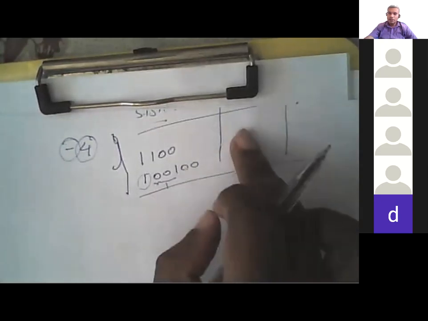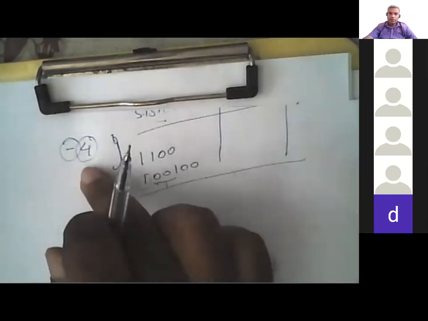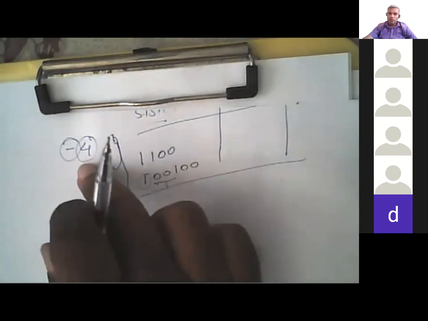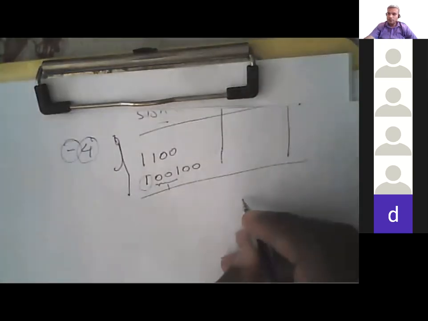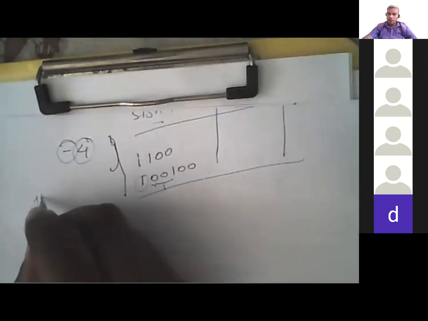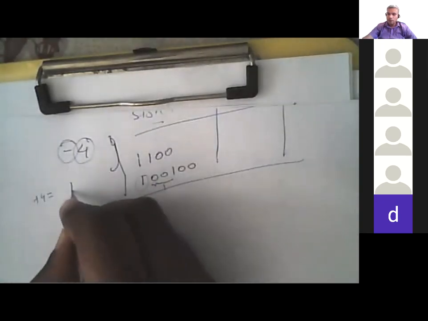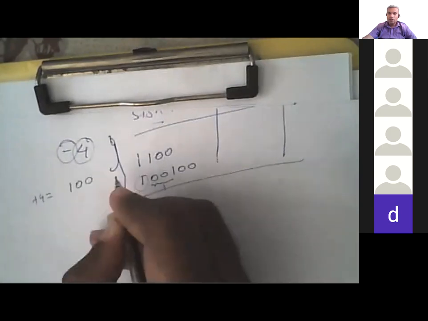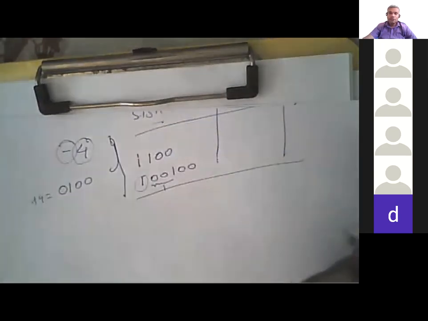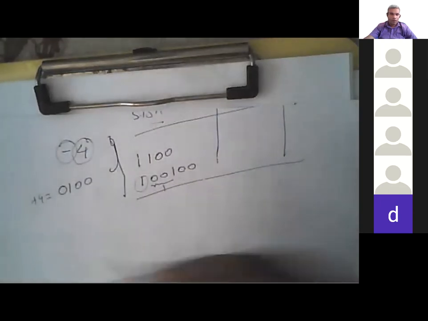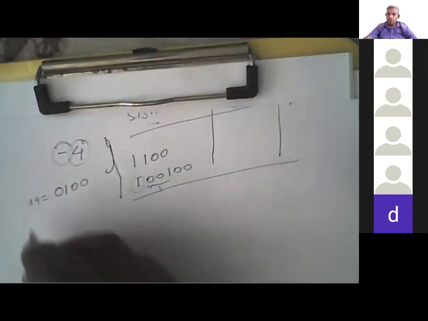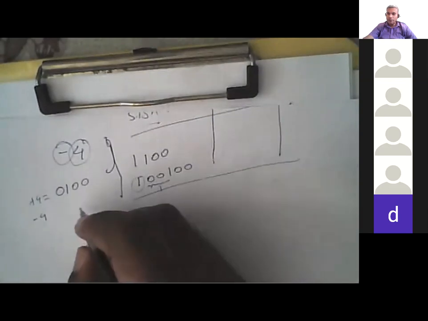Now, if it's 1's complement, you have to take the positive 4 and flip it. Now, positive 4, you write it as 1, 0, 0. But remember, you need to have at least 1 leading 0. If you want, you can have more. So minus 4 means flipping of these bits.